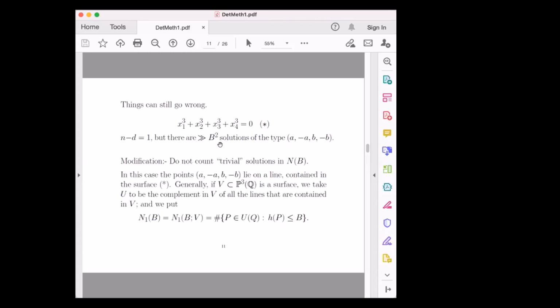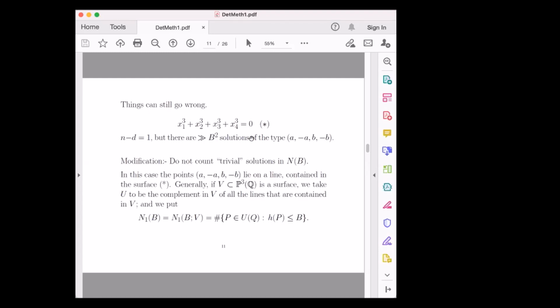But we can easily see solutions of the type a, minus a, b, minus b. All those points are automatically solutions of this equation. And since we're allowing solutions of size at most capital B, a can run up to capital B, little b can run up to capital B, so there'll be something like B squared solutions.